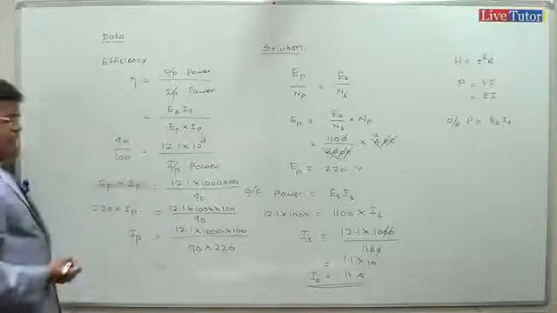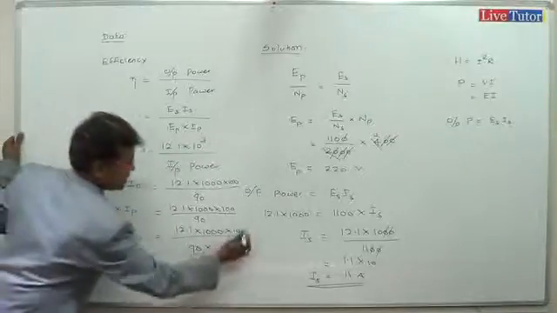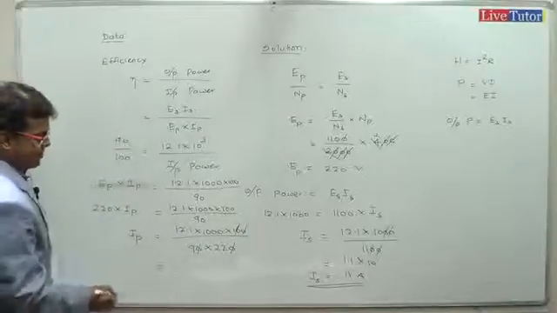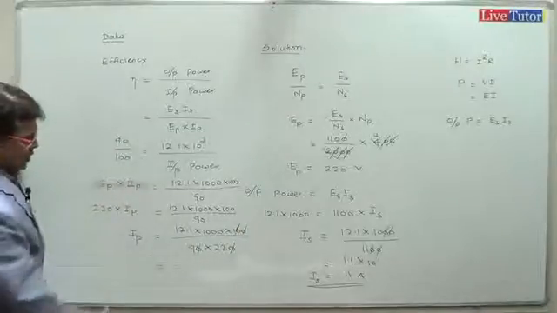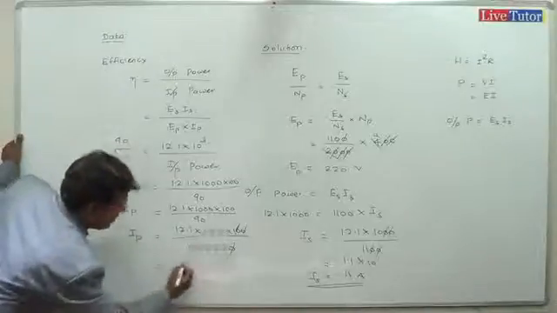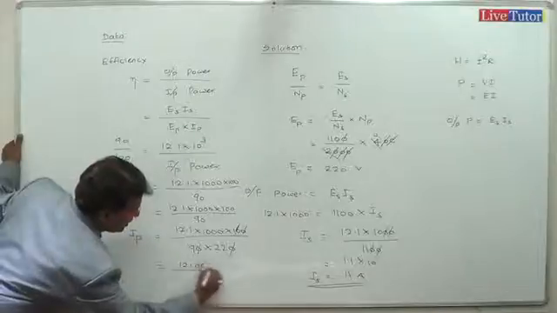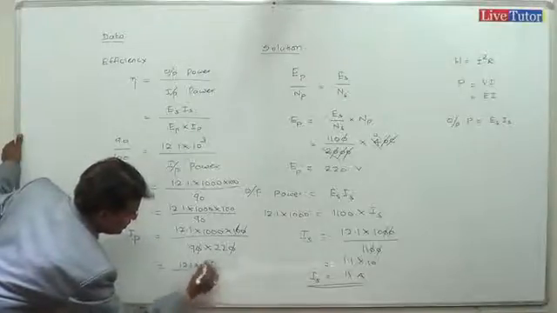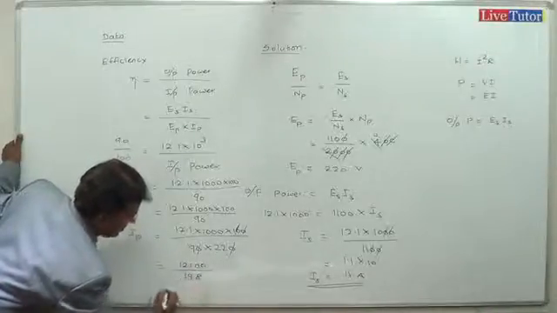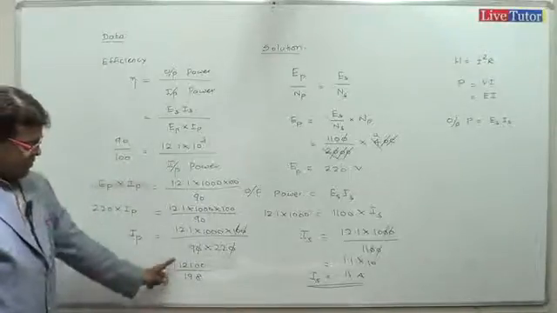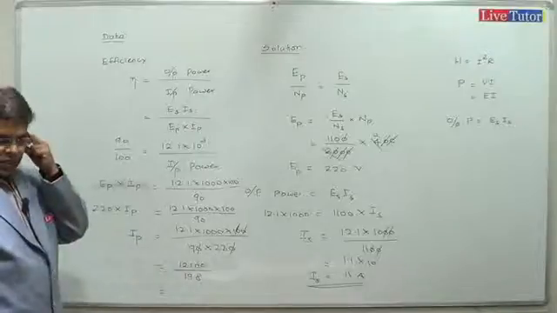Now calculate it quickly. You can cancel the zeros, 2 zeros here. Right? Now remaining, this can be written as 12100 by 198. Can you find out the answer for this by using logarithm?